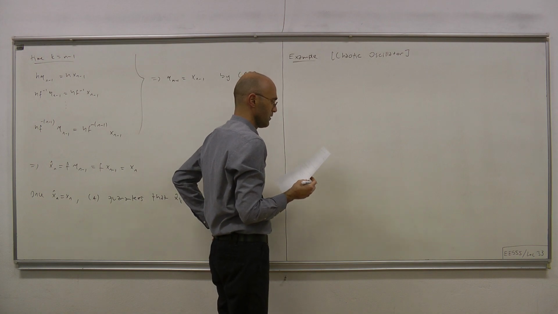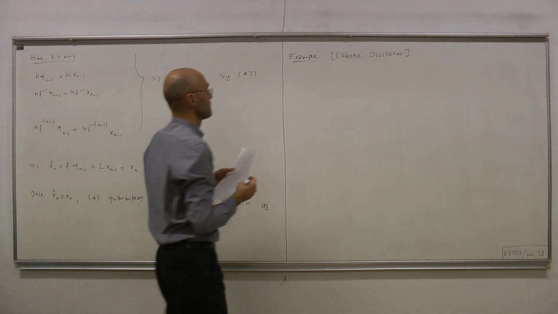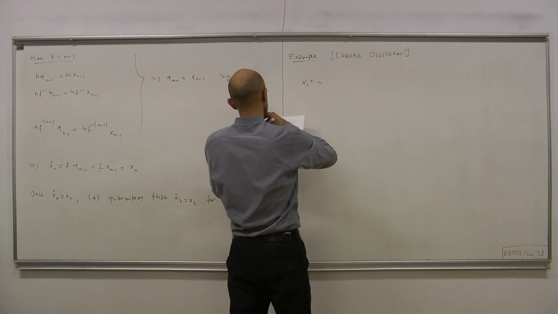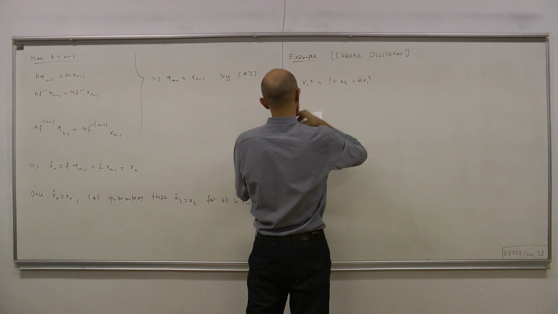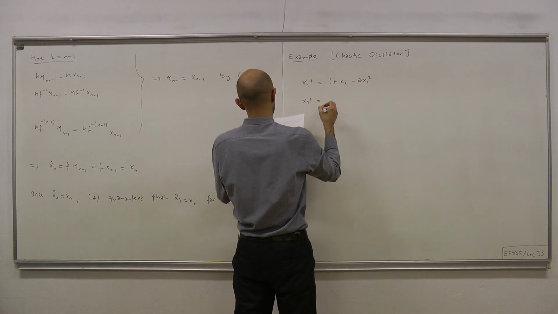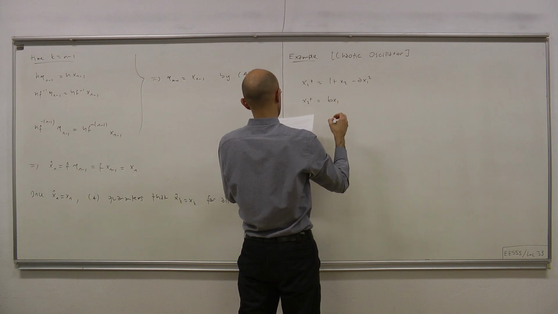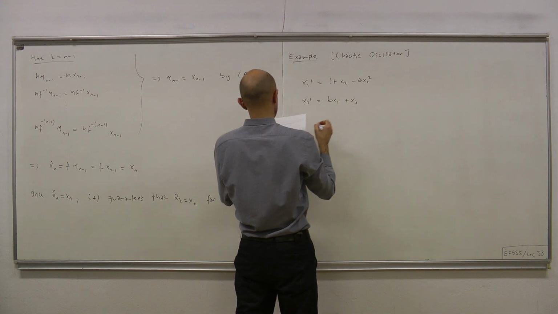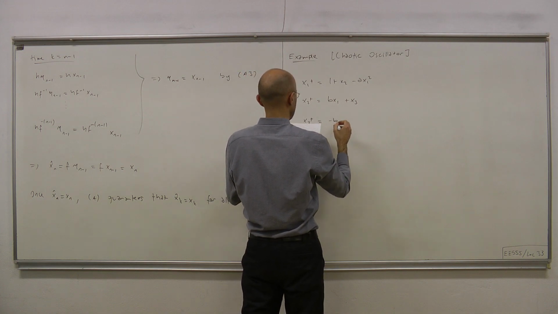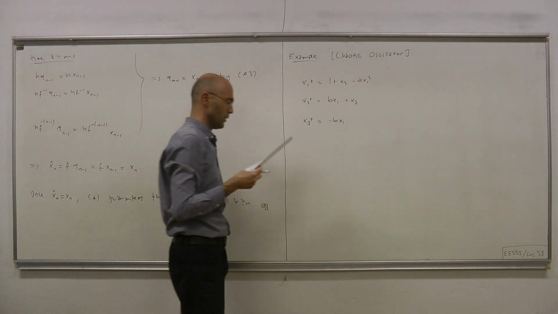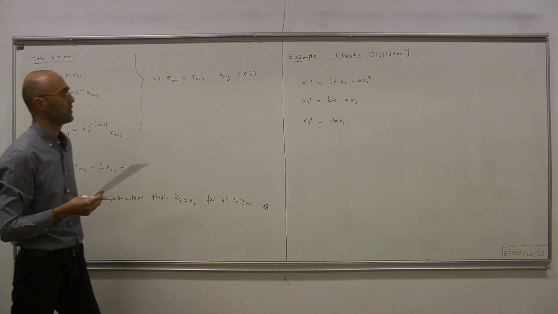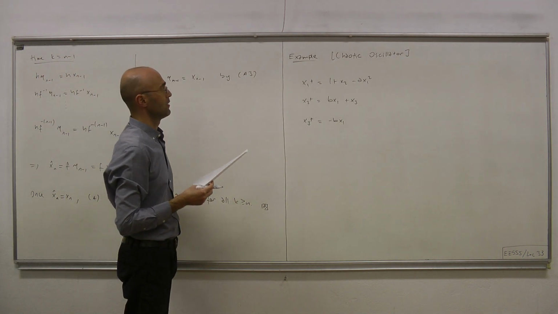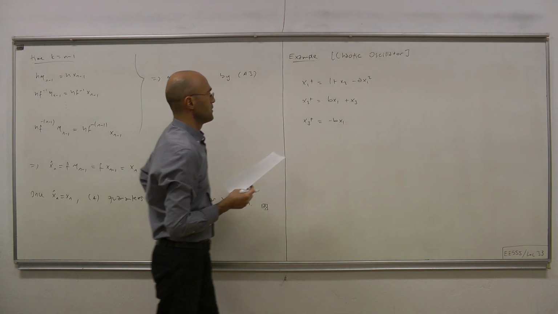That's by Professor Schuon. And the dynamics are given as x1 plus equals 1 plus x2 minus a x1 squared, x2 plus equals b x1 plus x3, and x3 plus equals minus b x1. So this is our system, a third order nonlinear discrete time system.